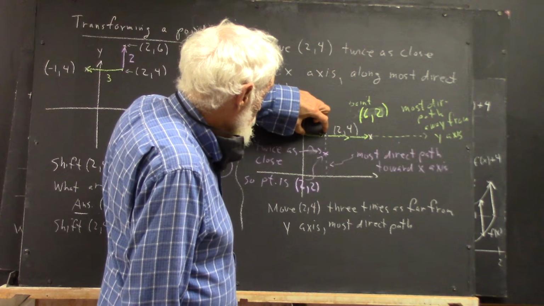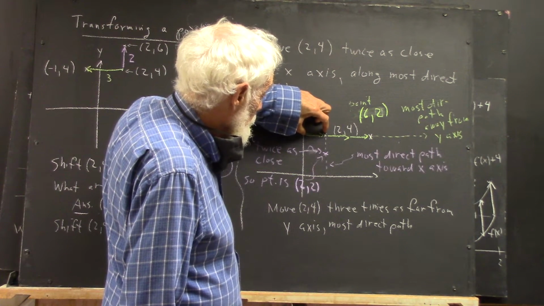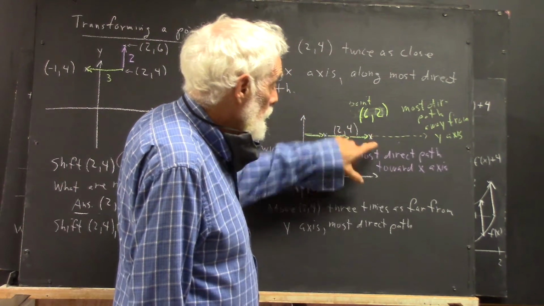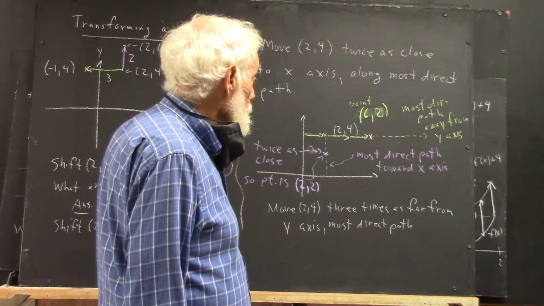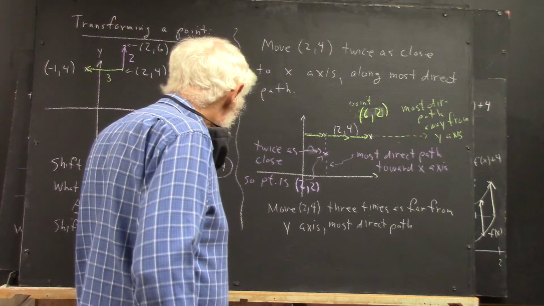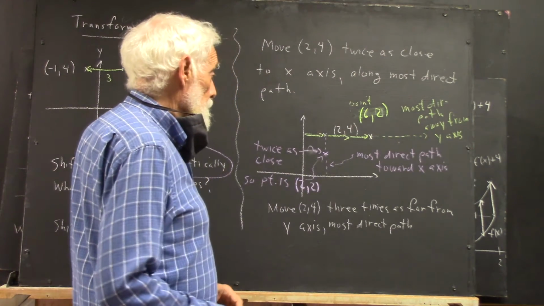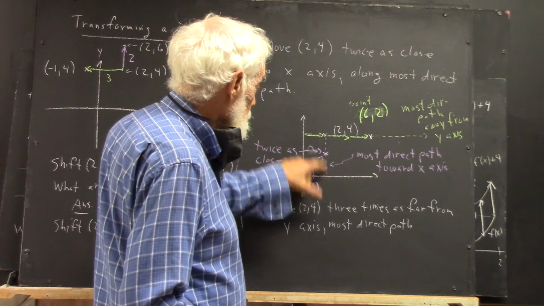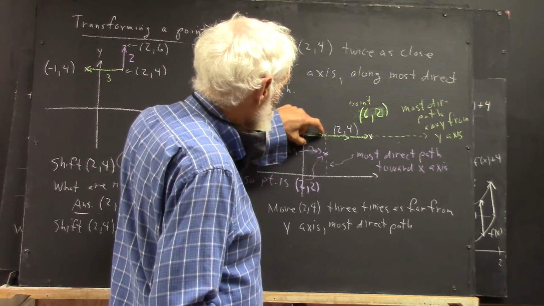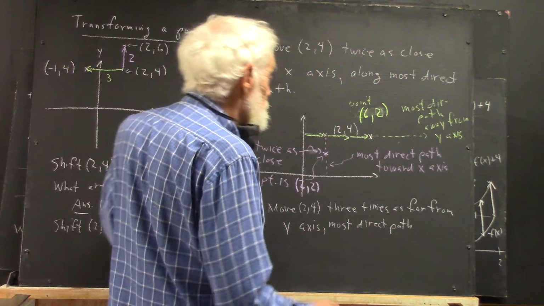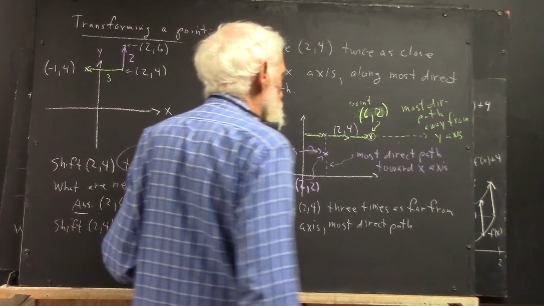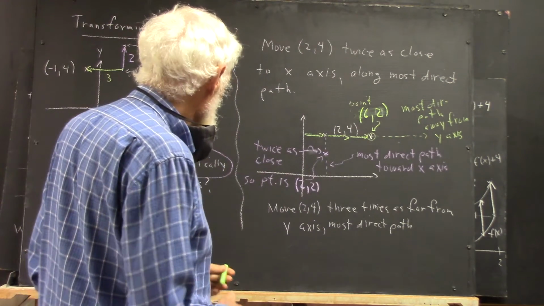So, we're this far, so there's an arrow that represents how far we are. Now we can move that far again and that far again. There's where we end up. Okay? So what are the coordinates of this point? Well, we were 2 units from the y-axis because x equals 2. And then we moved 2 more, and 2 more puts us 6 units. So there's the point. It's the point (6, 2).